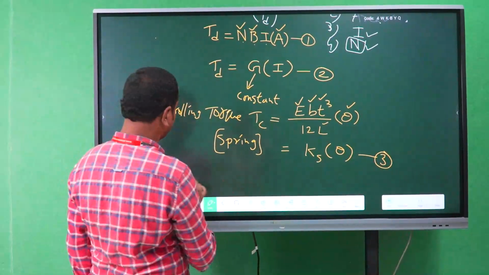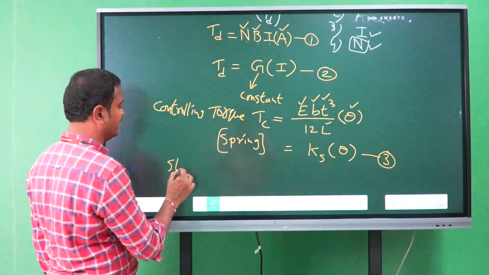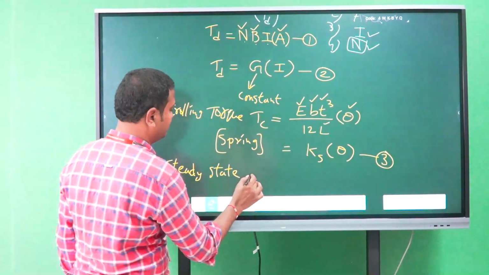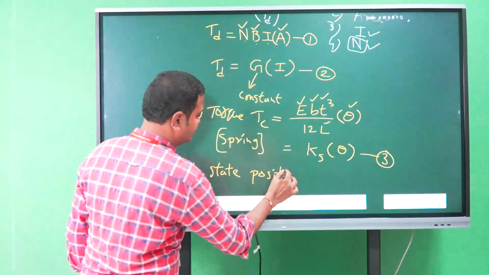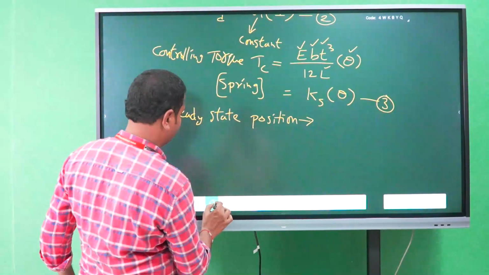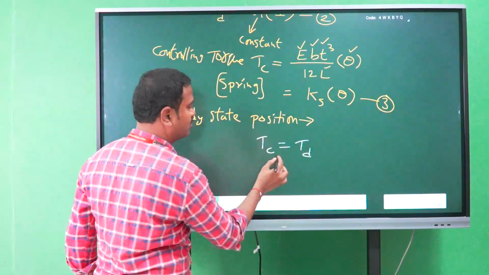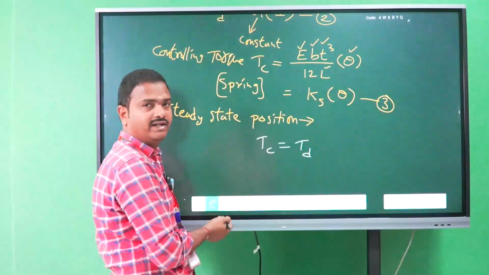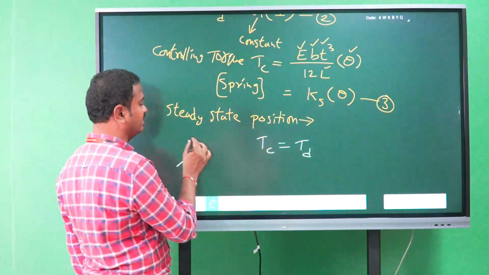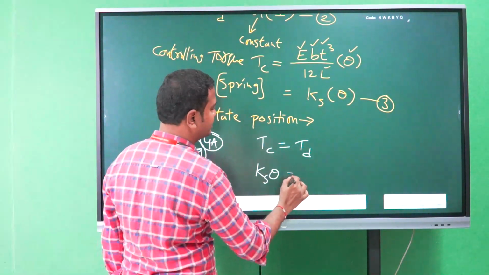Clear? So the pointer stops at the final position, at the steady state position, right? So that steady state position will be achieved at the condition Tc equal to Td. Whenever the control torque is equal to deflecting torque, then only steady state position will be obtained and pointer stops at the reading, right? So Tc means Ks into theta, that is equal to Td.